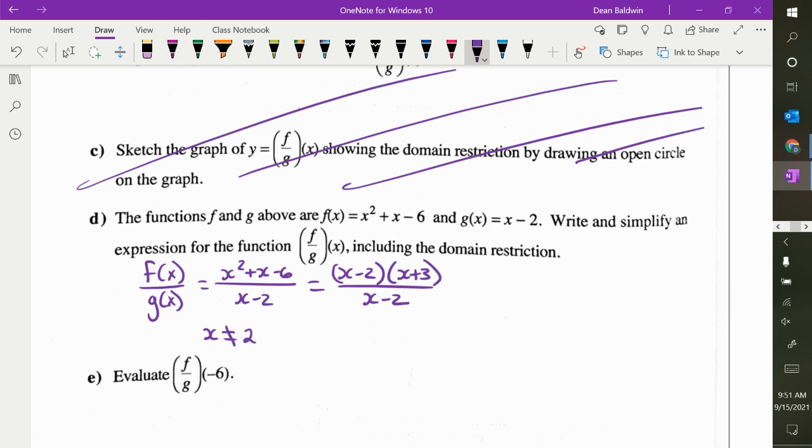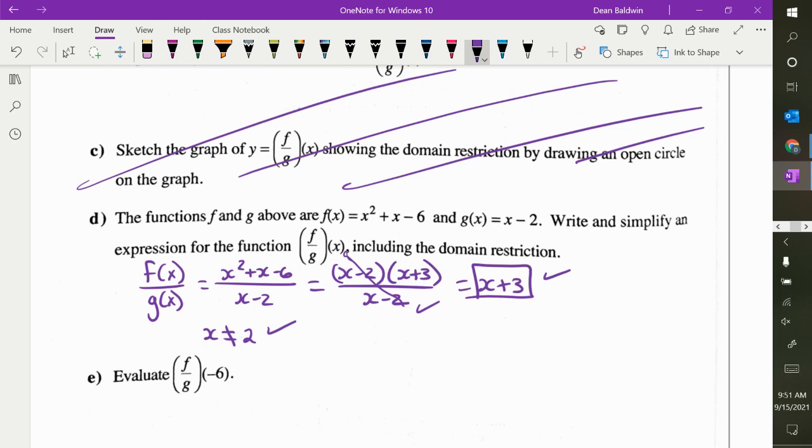Okay. What do I do now? What do I cancel? X minus 2's go bye-bye. What am I left with? There you go. X plus 3. You get a mark for that. You'll get a mark for factoring. You'll get a mark for the domain restriction. Okay?